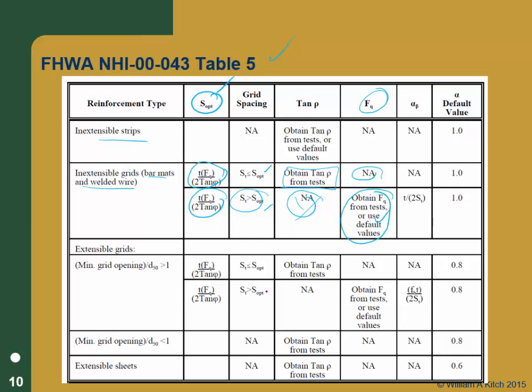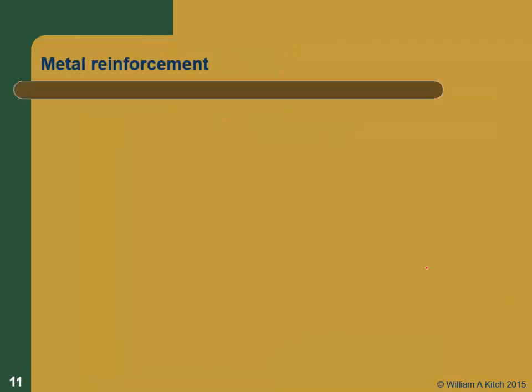So for the inextensible grids, you can again calculate what the optimum spacing is, and depending on the optimum spacing, your resistance is either going to be dominated again by the bearing or the frictional resistance. And here, remember, we're going to use these alpha values that are less than 1. And this is in your design manual from FHWA.